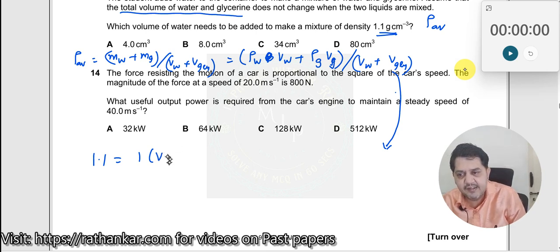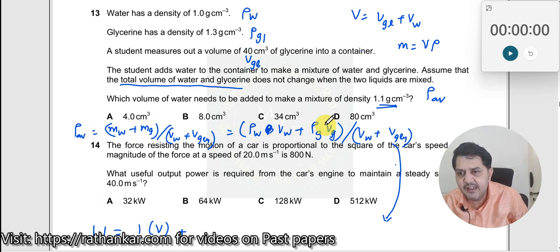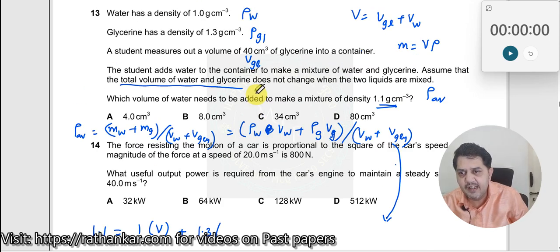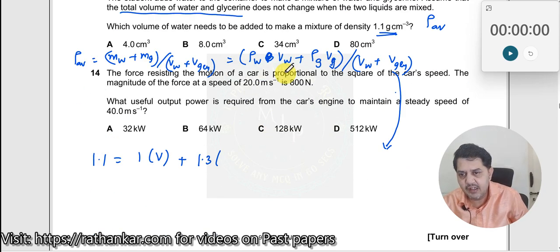I'll write this as V over here, plus density of glycerine. Density of glycerine is 1.3. I'll write 1.3 multiplied by volume of glycerine, which is given here, 40, divided by volume of water, which I don't know, V, plus volume of glycerine 40 over here.